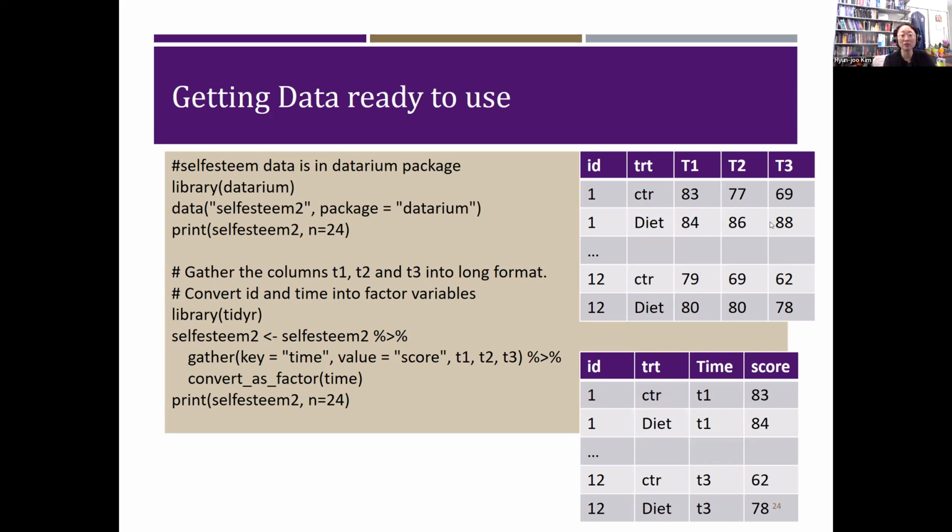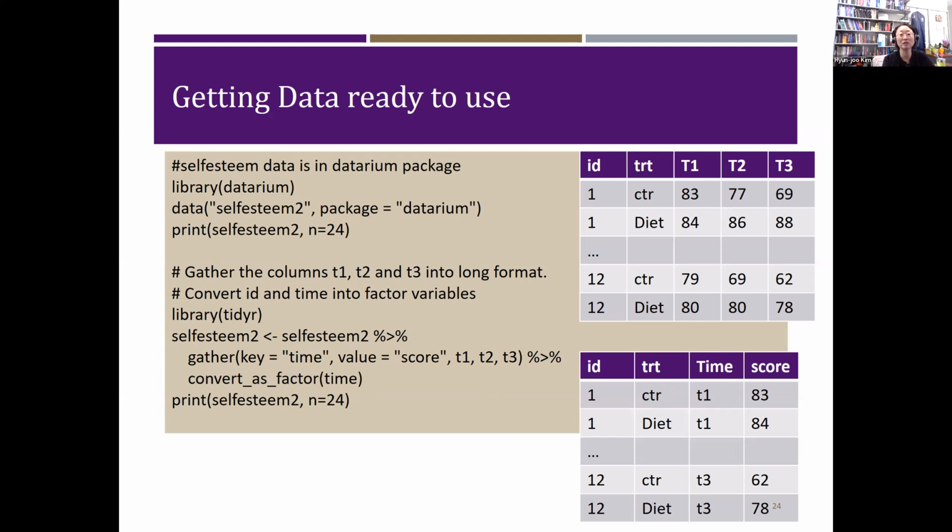For the analysis, we often want to convert the data from a wide format to a long format with time and score variables. We can do this using the gather function in the tidyr package. Here, the gather function combines T1, T2, T3 into one column, the new key variable time.